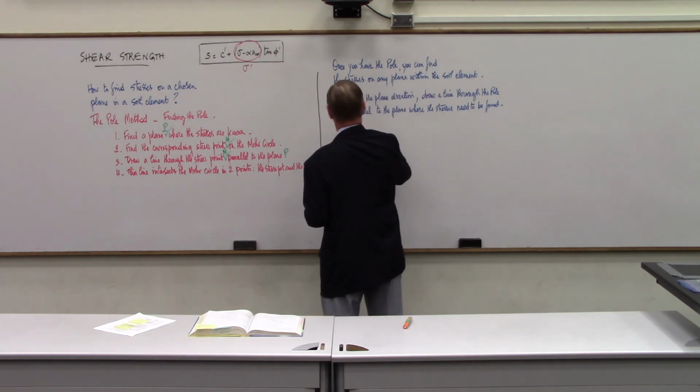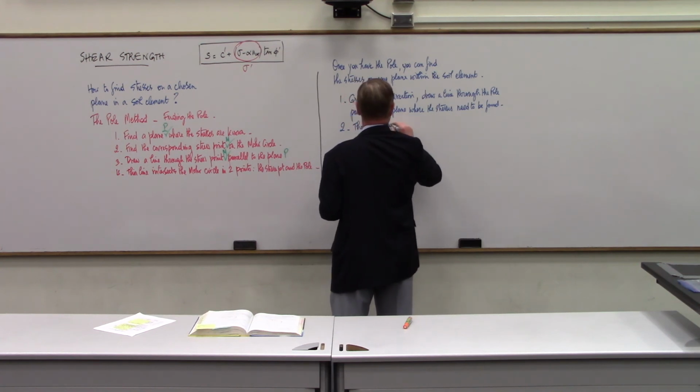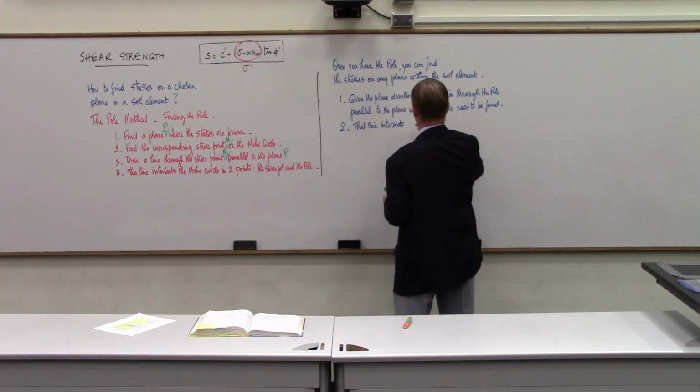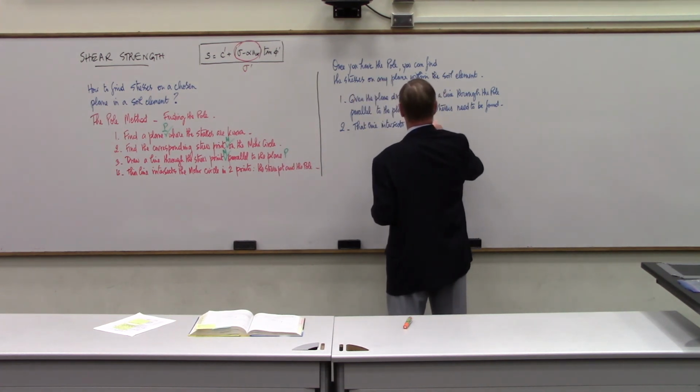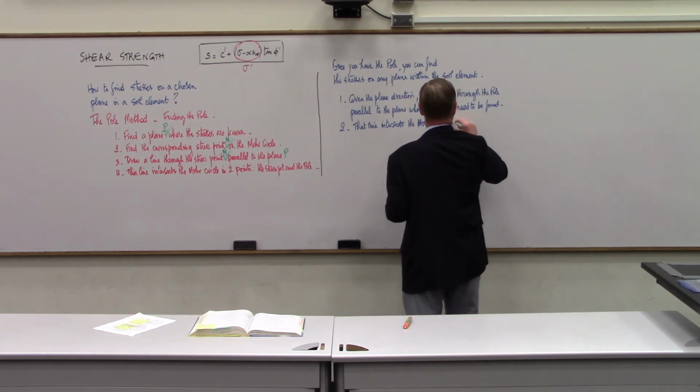Two, that line intersects, that's the same property as before, the Mohr circle in 2 points.